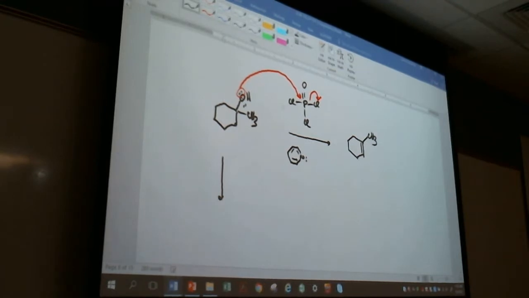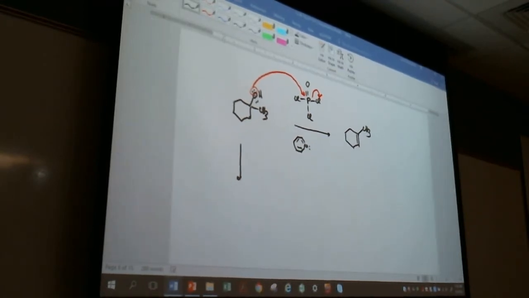What happens in here is this oxygen has formed a bond to this phosphorus. This oxygen now has a positive charge.